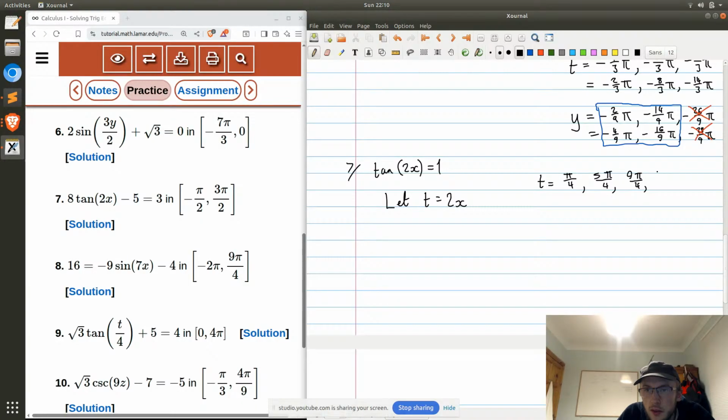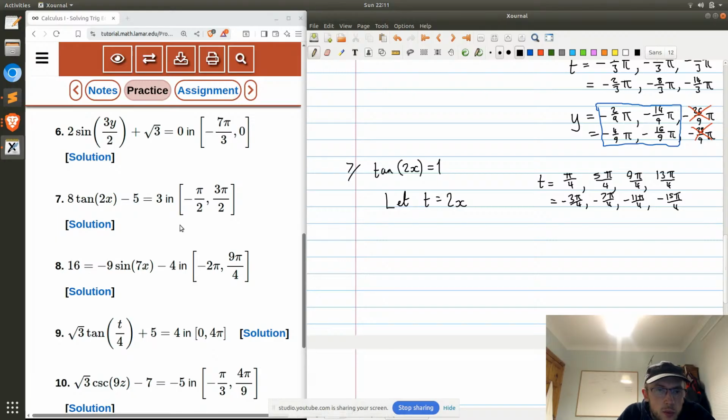Just a few values. Oh no. And then you have to go into the negatives as well. But that should be okay. Just take away 4. So minus 3 pi over 4. Isn't it? Yeah, I think so. Minus 7 pi over 4, minus 11 pi over 4. Just one more for luck.